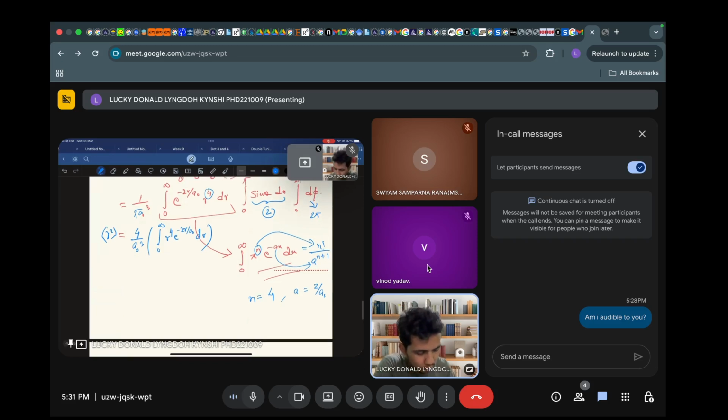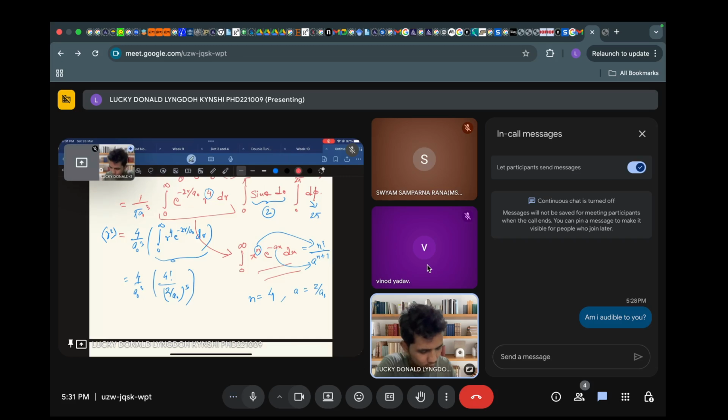Now if you substitute the standard integration in this formula, you will get 4 divided by a naught cubed, and we'll have 4 factorial, because it is n factorial, divided by 2 divided by a naught to the power n plus 1, so you'll get to the power 5. How did I get this integration, 4 factorial divided by 2 over a naught to the power 5? I just make use of the standard integration, which is already there.